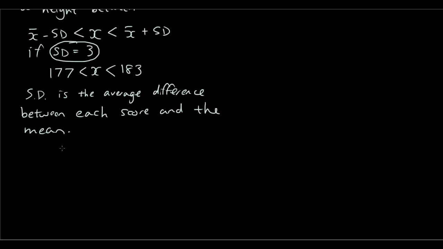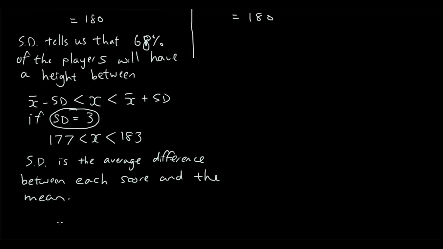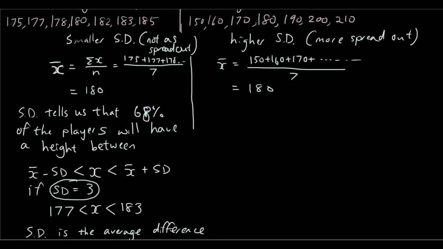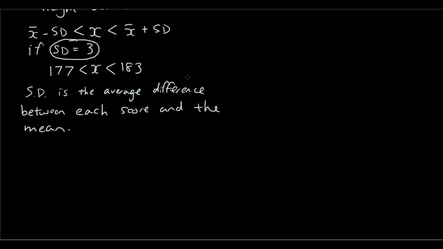So what that means is, have a look at our scores. These are our scores: 175, 177, 178. We're going to find the difference between each of these scores and the mean, and we're going to average them and see what the average difference is.